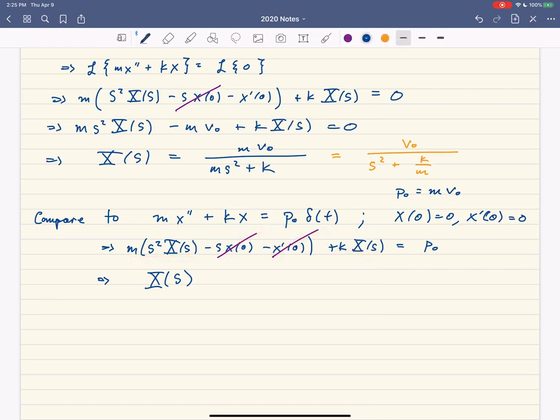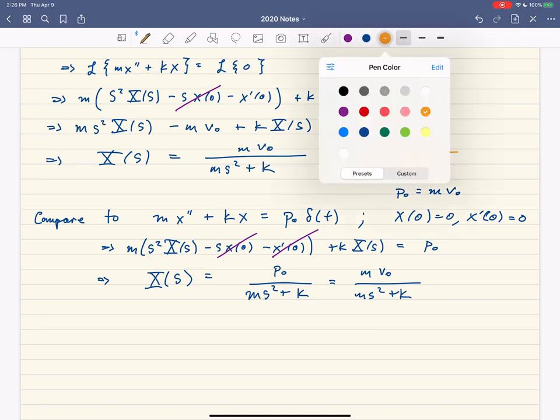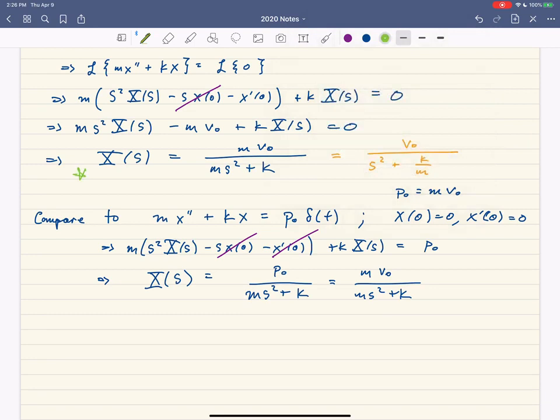So we can factor out the capital X, and this is going to be P naught over that quantity ms squared plus k. Since P naught is our mass times our initial velocity, this is m v naught over ms squared plus k. What I really want to emphasize here is that if we look at these steps, we end up with the same Laplace transform, meaning that we'll have the exact same solution to both equations.